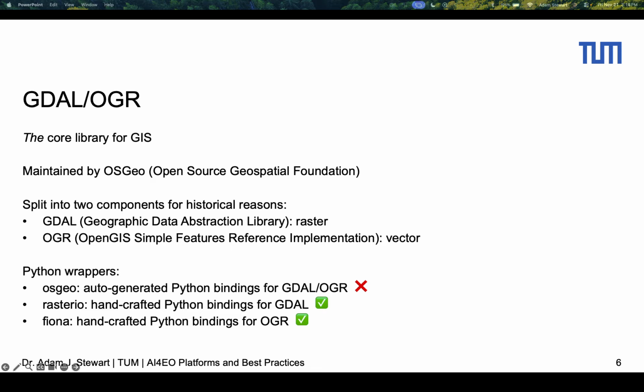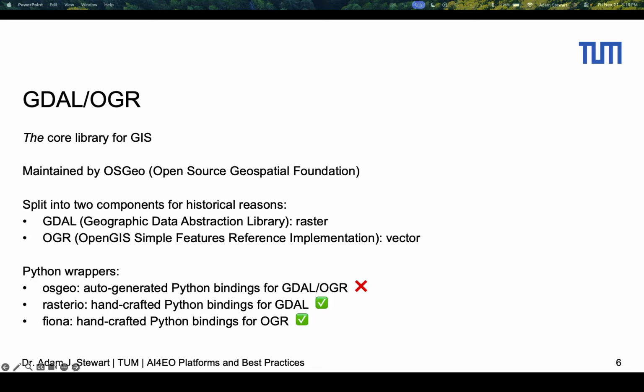There's also not great documentation for them because they mostly assume you're going to read the C++ documentation and things are mostly the same in Python. So I very rarely use the OSGeo bindings. I typically use things like rasterio and Fiona and GeoPandas. And these are somewhat handcrafted bindings for GDAL. They're written in Python for Python people.